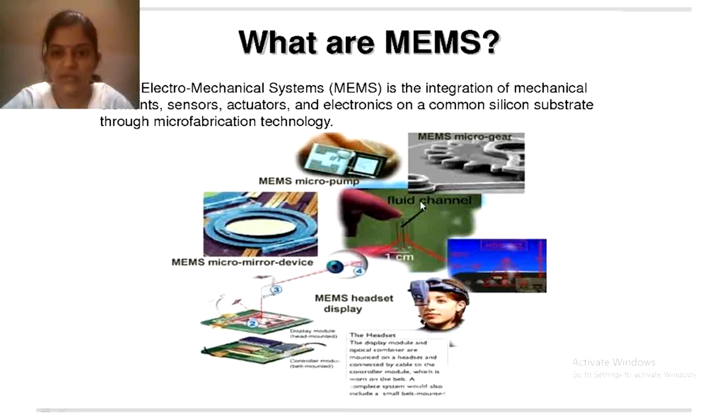We can also generate MEMS fluid channels. Then a MEMS micro mirror device is shown here, as well as a MEMS headset. Lots of things can be fabricated using MEMS technology.